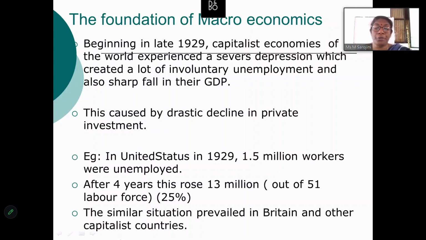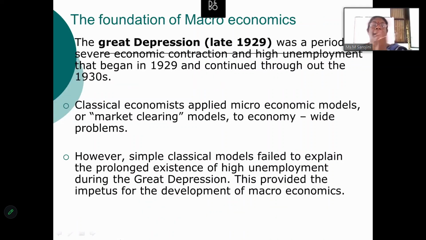This means out of 51 million labor force, around 25% were unemployed. A similar situation prevailed in Britain and other capitalist countries as well. Not only in the US, other countries also experienced the same thing, right?